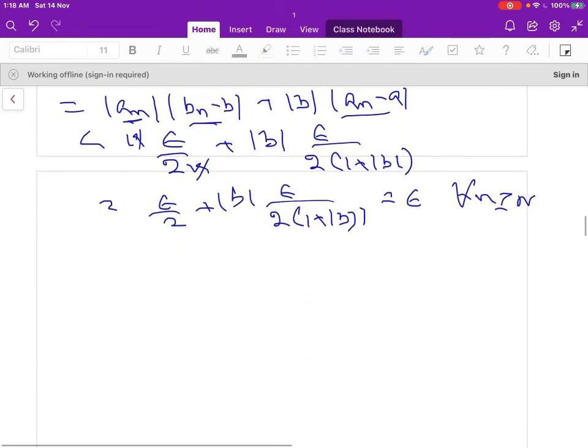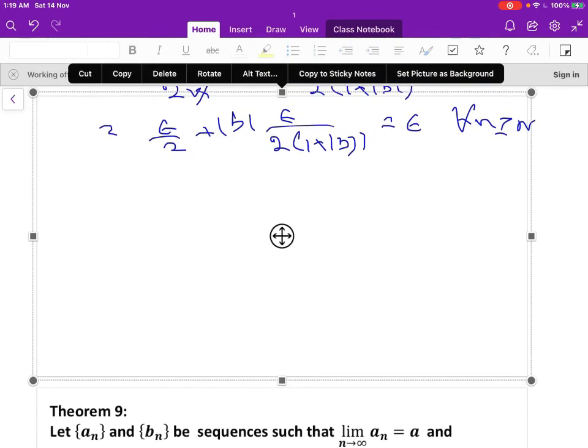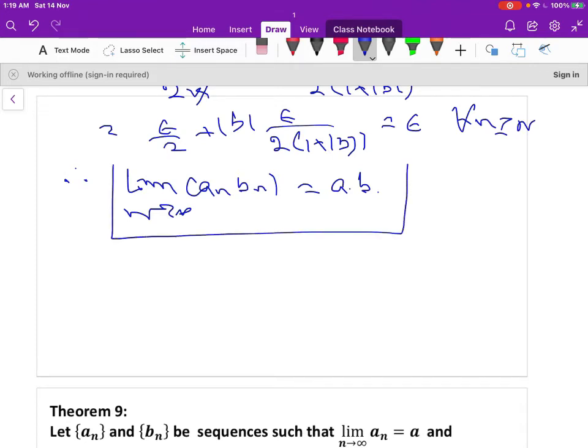This holds for all n greater than or equal to n. So therefore you can write the limit of the product of the two sequences an bn as n tends to infinity is equal to ab.